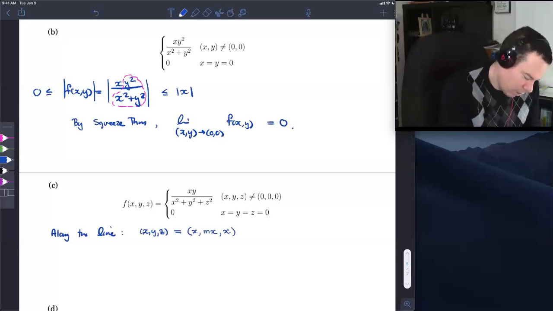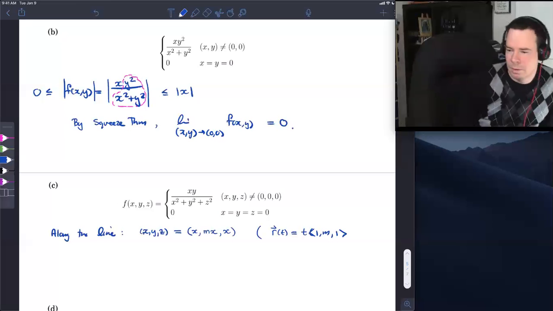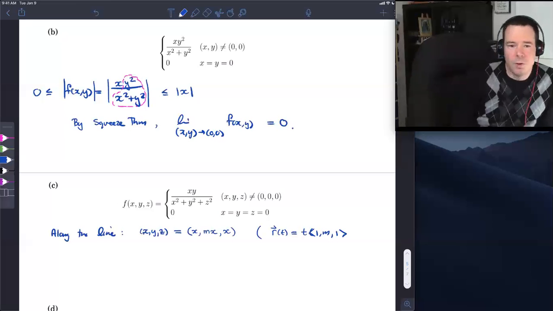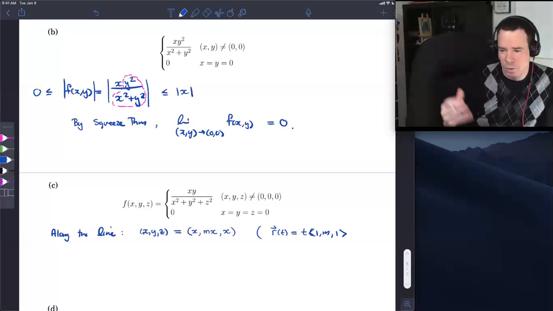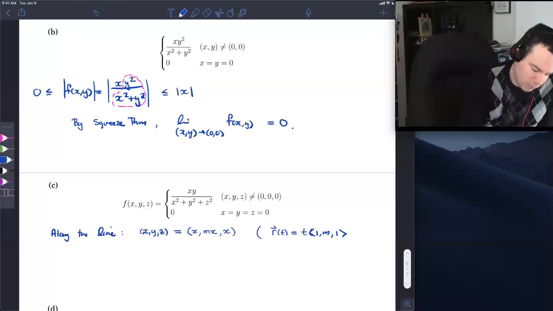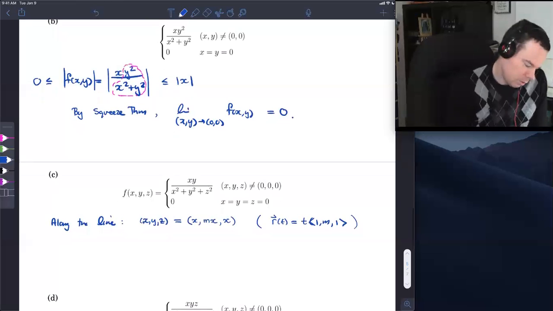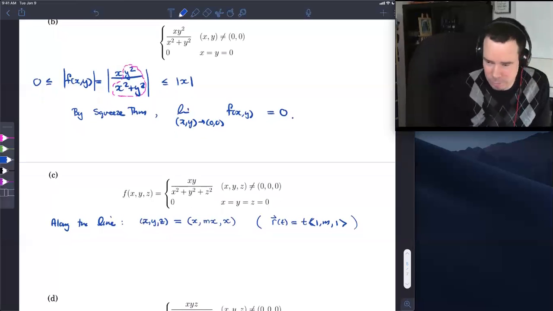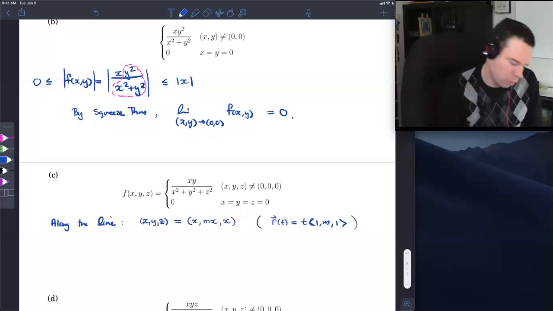If you're a little bothered by that, what I'm really saying is we're looking at r of t is equal to t times (1, m, 1). So we're coming along this line for some arbitrary m value, which I'm allowed to change. I could take m to be 0, 1, 2, 3. Those are just different lines. But instead of using the t variable, I'm using the x variable as my parameter.